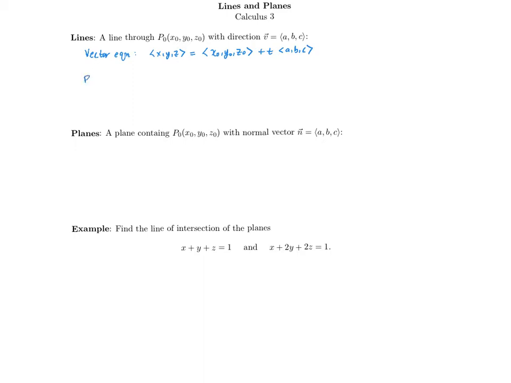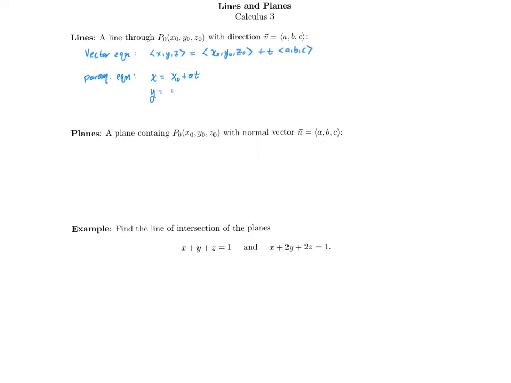And we can go from the vector equation to what we call the parametric equations by simply equating the like components. On the left, the first component is x, and on the right, if you distribute this t and combine into a single vector, that first component would be x naught plus at.